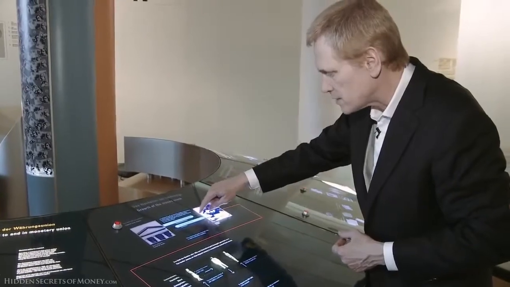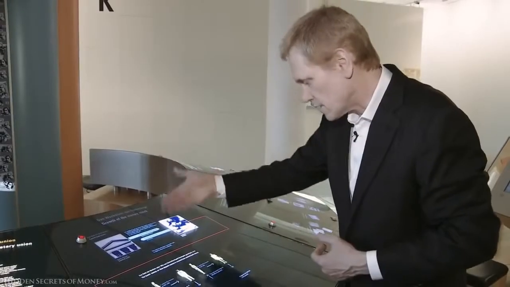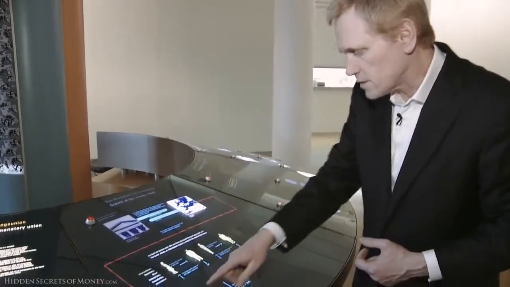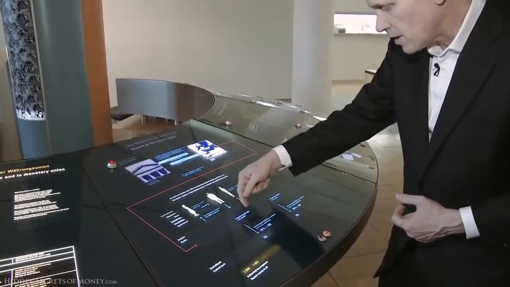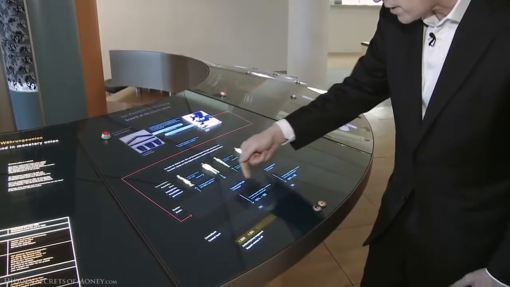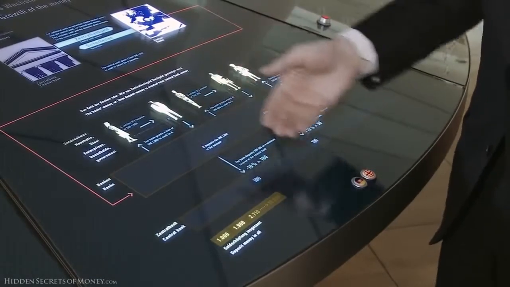The central bank writes a check and the Treasury issues a Treasury bond, which is an IOU, and that creates currency, and then somebody is paid, it gets deposited into a bank account, and of 1,000 marks, they withhold 10%. So right here, they're already telling you that his bank account is a lie.